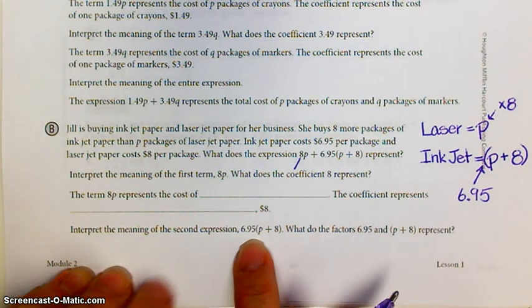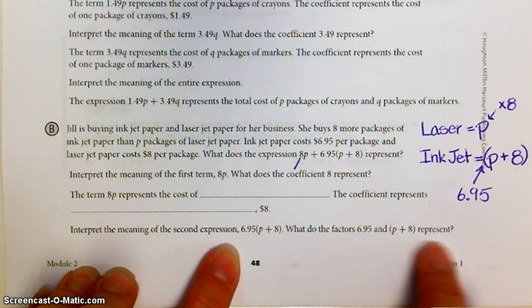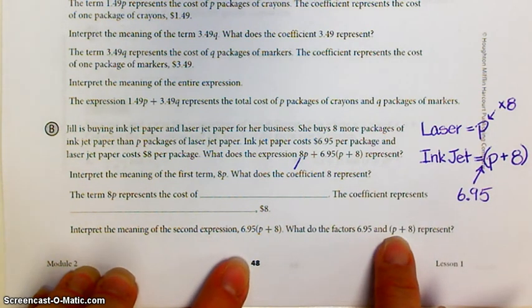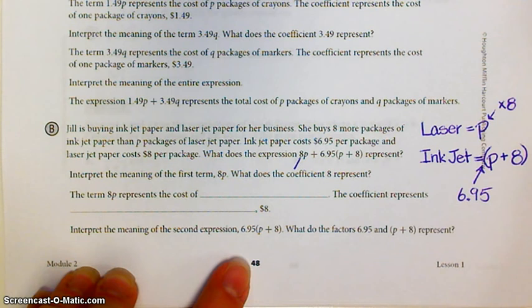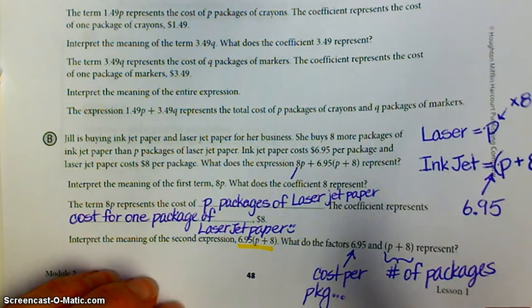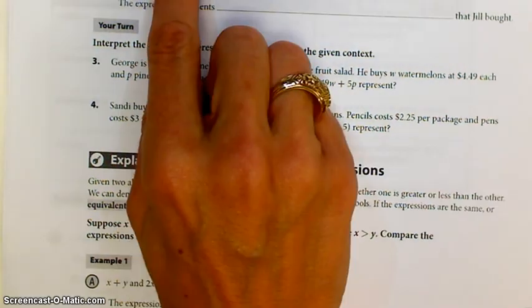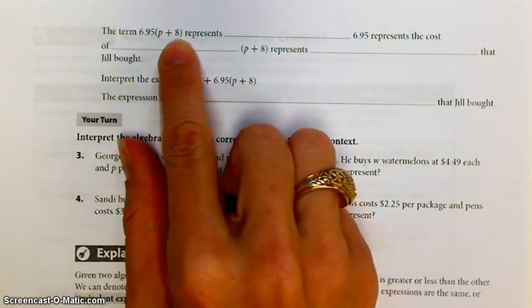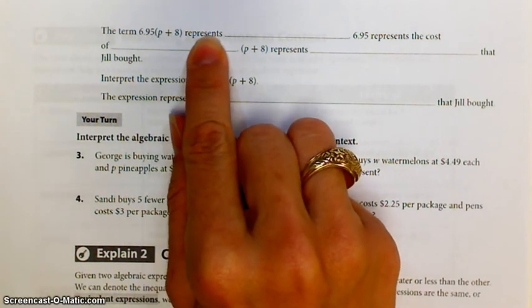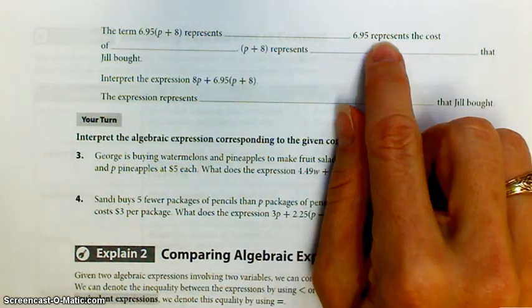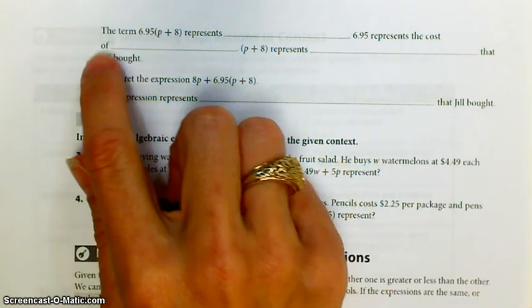Interpret the meaning of the second expression, 6.95 times p plus 8. What are the factors? Okay, so 6.95 again is the cost per package, and the number of packages of inkjet paper is the P plus 8. Okay, so I wrote it down here, but the blanks I think are actually on the top of the next page. So 6.95 times P plus 8 represents the cost of however many packages of inkjet paper. 6.95 represents the cost of one package.